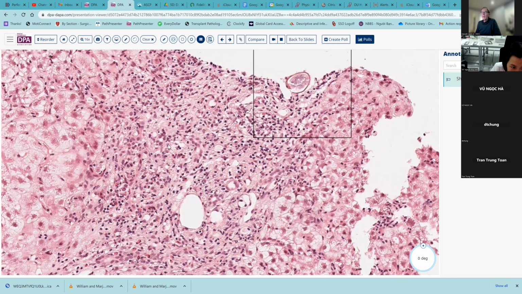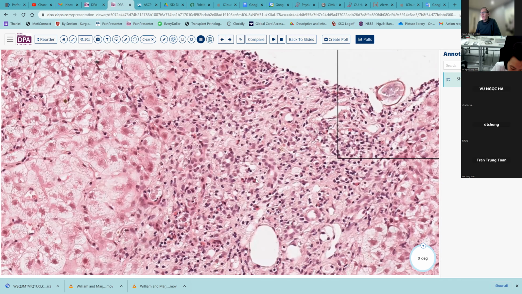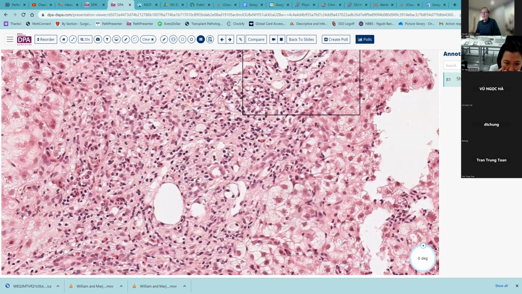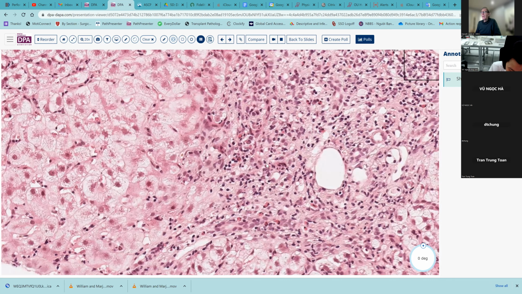And you can see here, the inflammation is kind of a mixed pattern of inflammation. We have some eosinophils, we have some neovascularization, some lymphocytes, and so forth. So we might be concerned to mistake this for something like autoimmune hepatitis or some other drug reaction, drug-related liver disease or something like that.